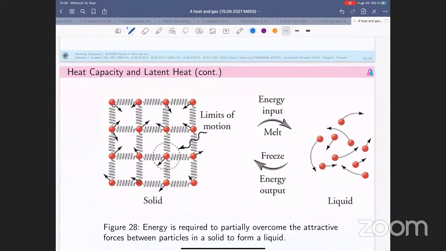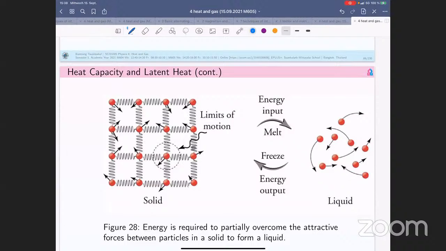For example, on the left we have the solid. Let's say we make a model of the solid molecules by connecting them with springs. There are limits to their motion; the molecules cannot move easily. If we put heat into this, we get the liquid form.